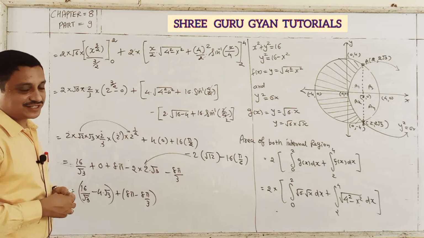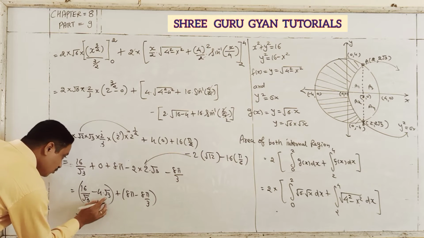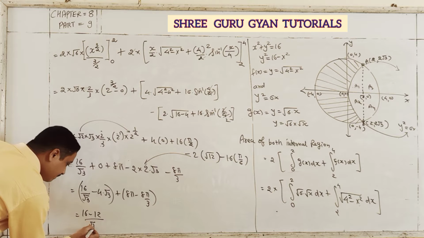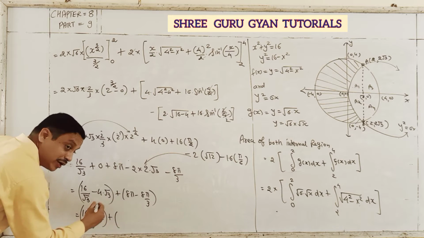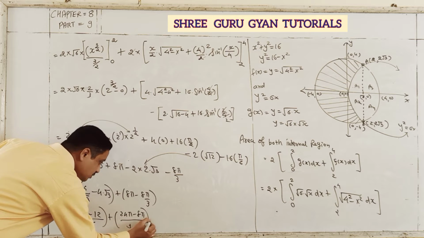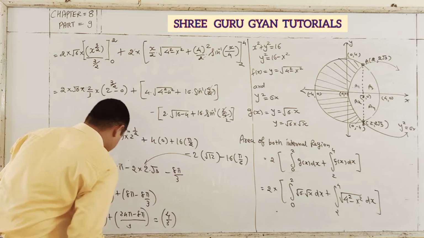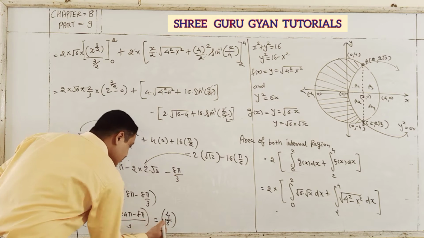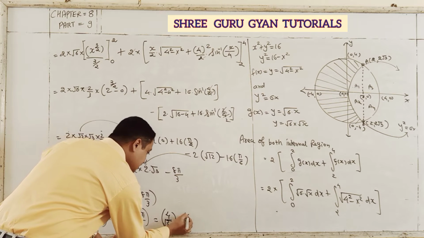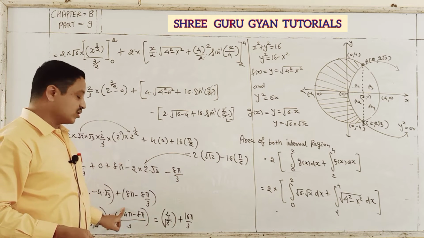Simplify it, simple calculation. Here taking LCM, 16 minus 4 is 12 by root 3, and here also 8 times 3 is 24 minus 8 pi. So you get 16 minus 12, it is 4 by root 3 same as before, and plus here 16 pi by 3, yes, 24 minus 8, 16.